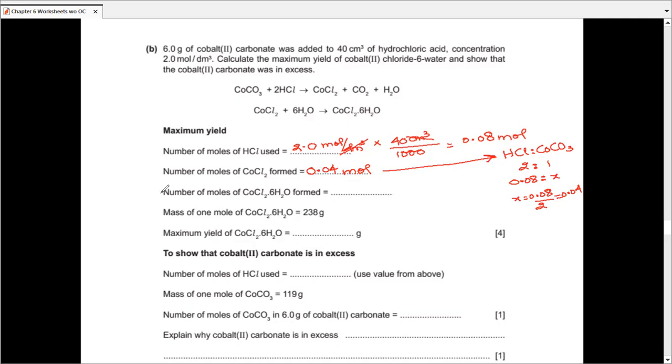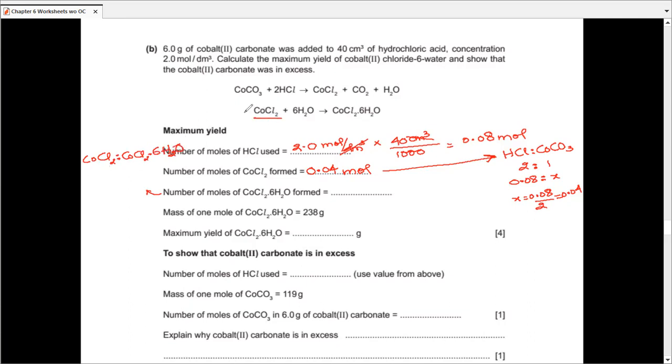So notice for this step, I'm going to solve it over here. CoCO3 ratio, sorry, my bad. It's not CoCO3. This is CoCl2. So CoCl2 ratio CoCl2.6H2O, and this one I'm talking about the second equation.